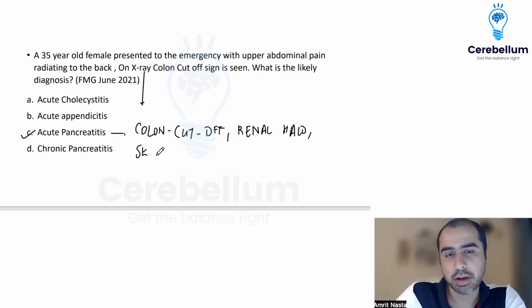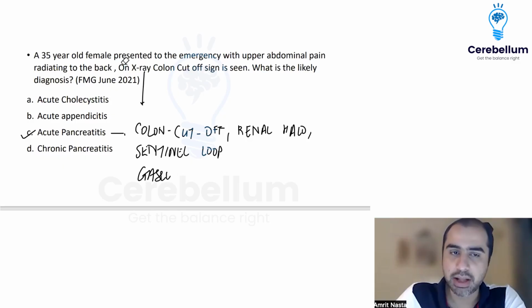These are some names. If you want, you can remember. And gasless abdomen. So no air will be seen in the abdomen. No air will be seen in the bowel. That is called as gasless abdomen. These are some of the things which you may see on X-ray abdomen in acute pancreatitis. Colon cutoff, renal halo, sentinel loop, gasless abdomen.